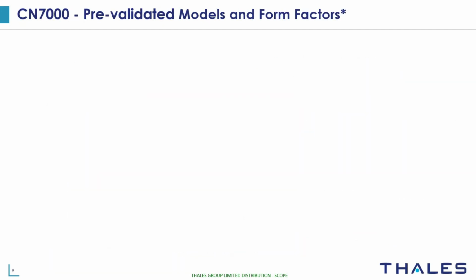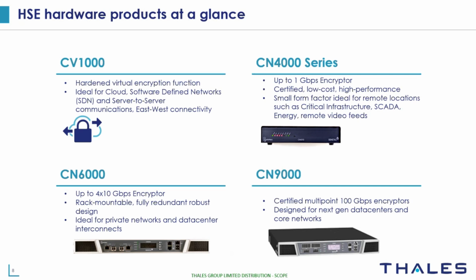This is the office solution. We have much bigger models like the CN 7000, which is able to encrypt up to 10 gigabits per second. This is the encryption throughput. Please do not mix it up with the interface speed. Network interface speed can, of course, be higher.